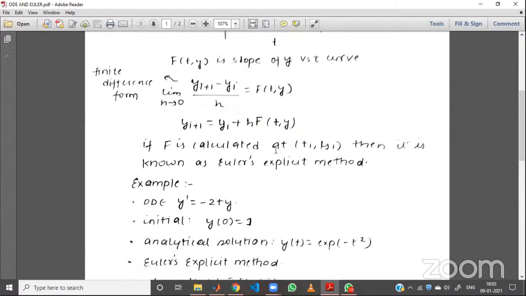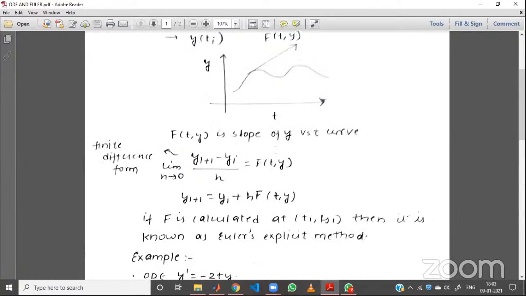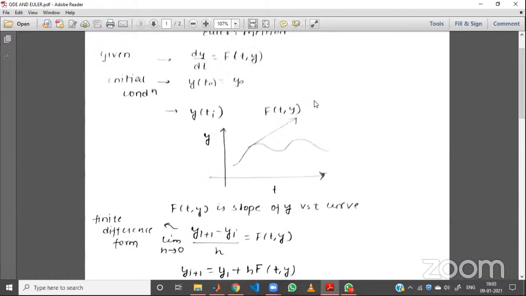In this method we make h very small and find the value of y at every iteration. Then we plot all the values of y and get the final curve.